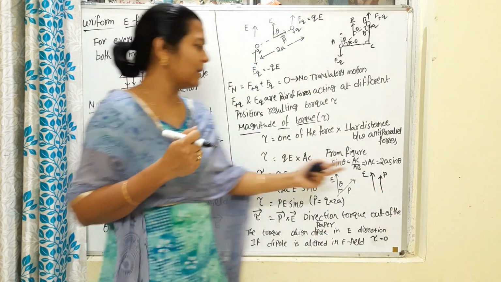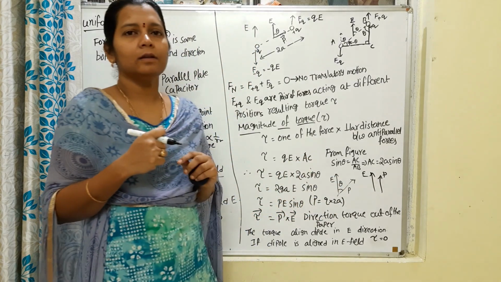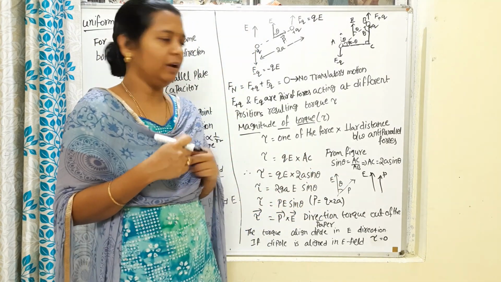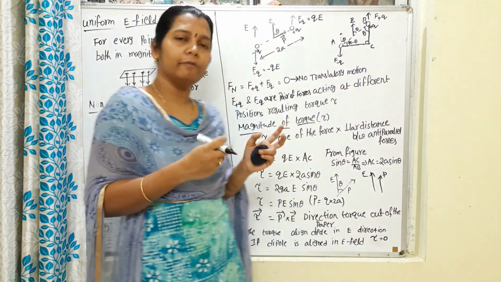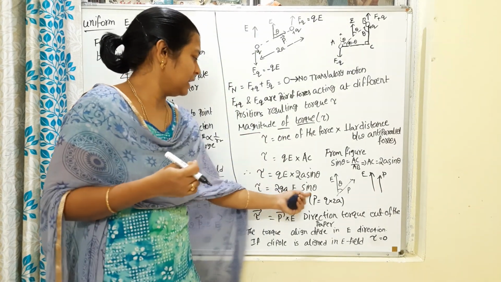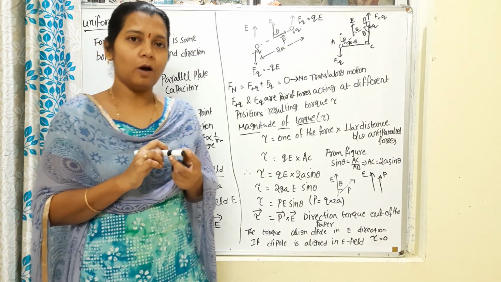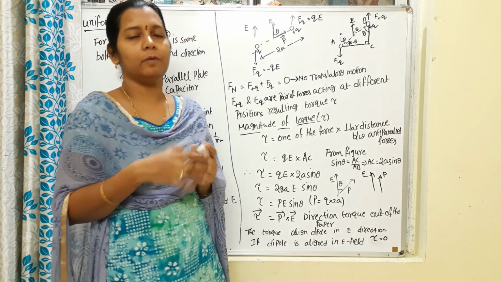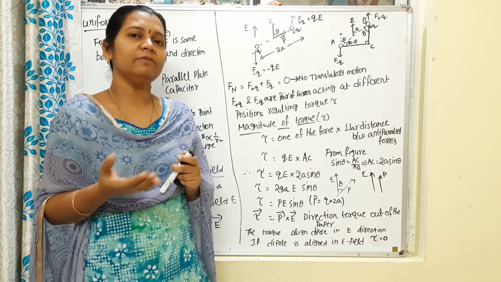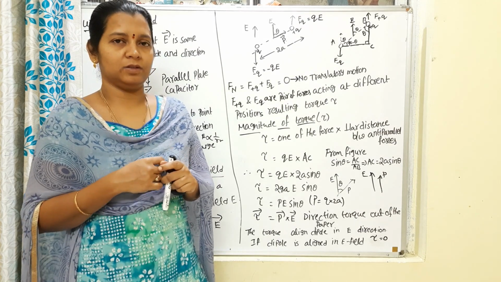Who is doing this part? The torque is trying to align the dipole in the direction of the electric field. Once they are aligned in one direction, theta will become 0. So if theta is 0, torque will become 0. Only this torque is trying to align the dipole in the direction of the field. Once it is aligned in the direction of the field, the torque will become 0.